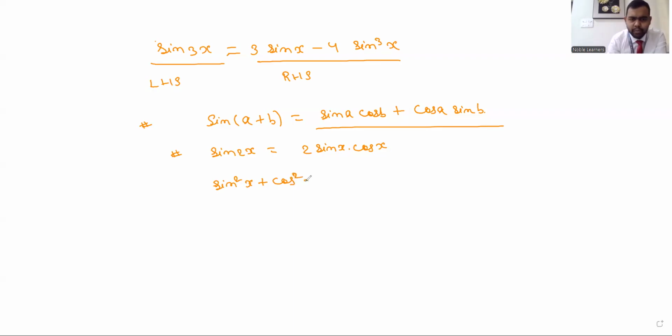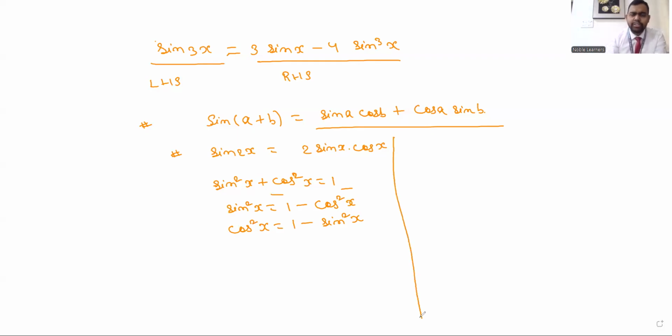The other way around, sine square x could be written as 1 minus cosine square x, because you can subtract cosine square x from both sides. In a similar manner, cosine square x could also be written as 1 minus sine square x. These are the basic formulas we are going to take into consideration while solving this question.